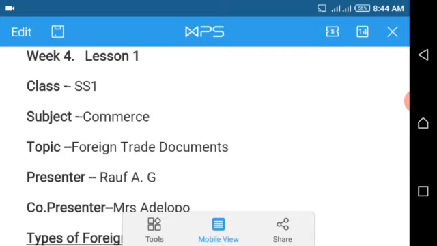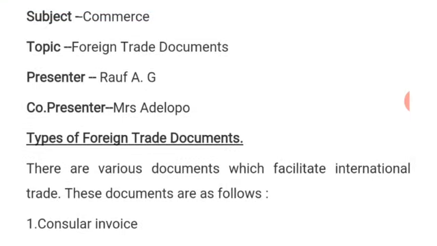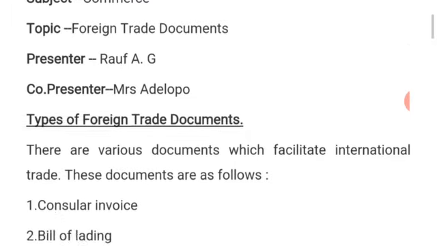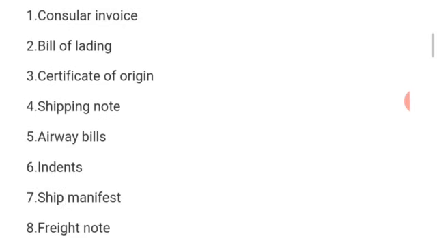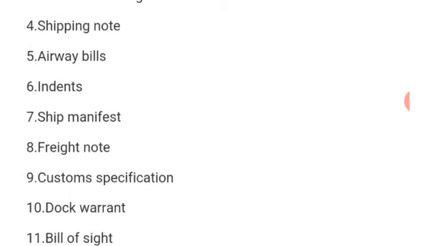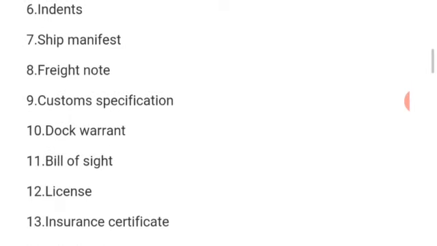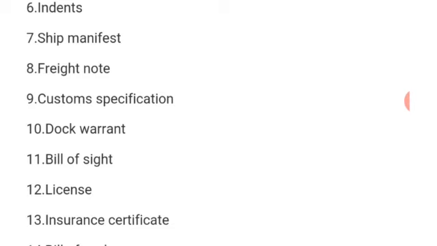The types of these foreign trade documents are as follows. There are various documents which facilitate international trade. 1. Consular invoice. 2. Bill of lading. 3. Certificate of origin. 4. Shipping notes. 5. Airway bills. 6. Indents. 7. Ship manifest. 8.